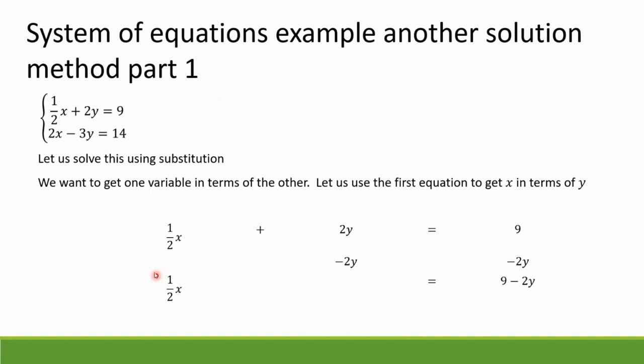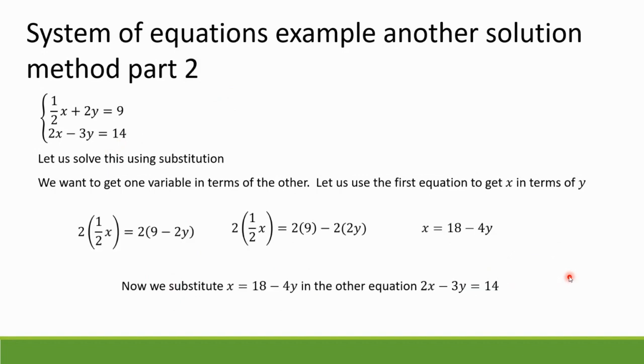I thought to do it this way because if I do this, I can kill off the fraction. How do I do that? I multiply both sides by 2. So multiplying both sides by 2, you can see what happens here. The 2 times a half cancel, we get x. I distribute the 2.